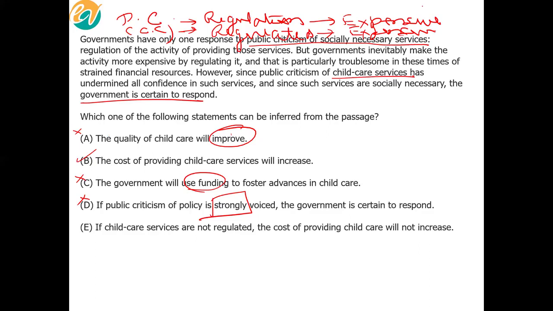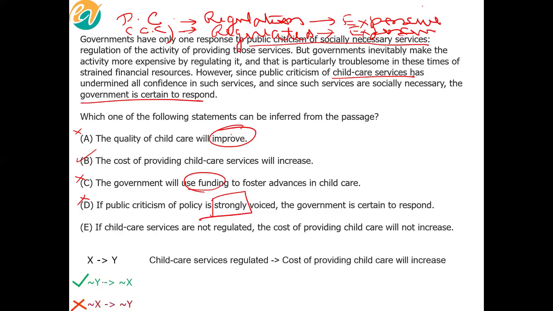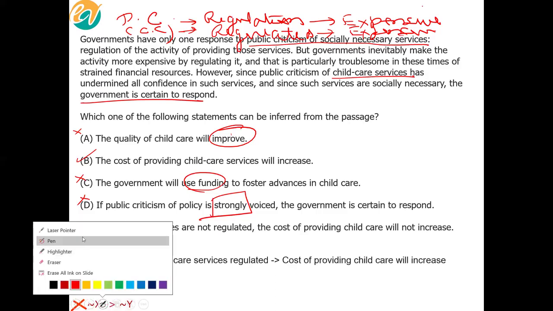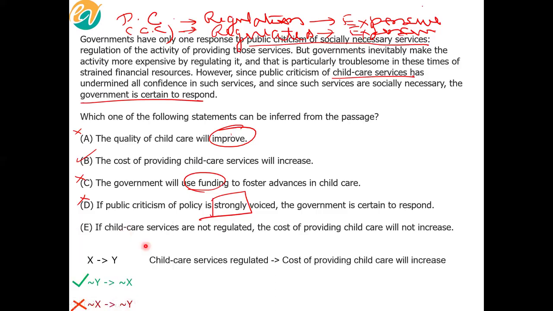All right. Now, why not Edward? We are only left with Edward. Why not Edward? Now, notice this is what the argument says clearly, that if childcare services are regulated, then the cost of providing childcare services will increase.